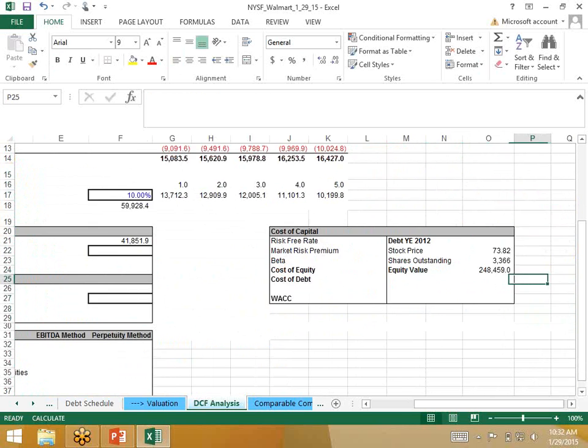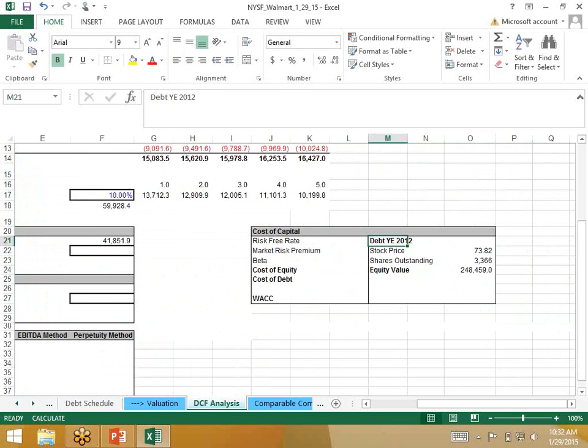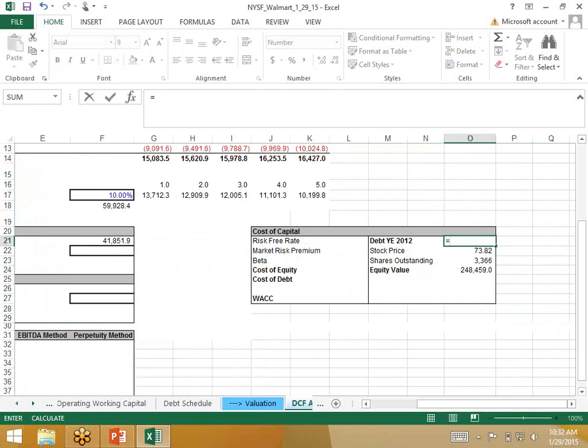I wish I had included a place for net debt. Here's total debt. Let's include the total debt here. This is total debt that's going to be used for a WACC calculation later. Let's at least put total debt. I want to avoid so many calculations in one cell. So the total debt, the year-end 2012 total debt, we'll go to the balance sheet for. Well, I guess you can go to the debt schedule.